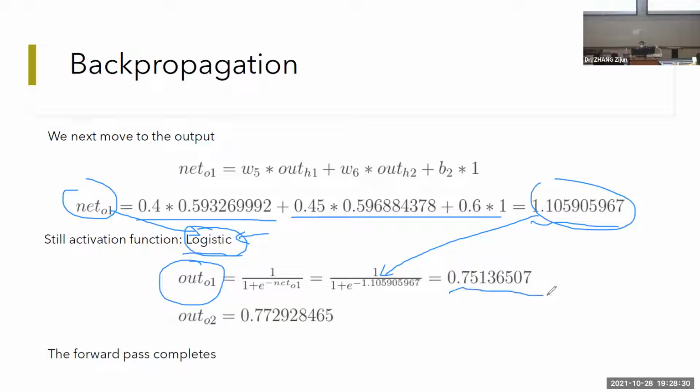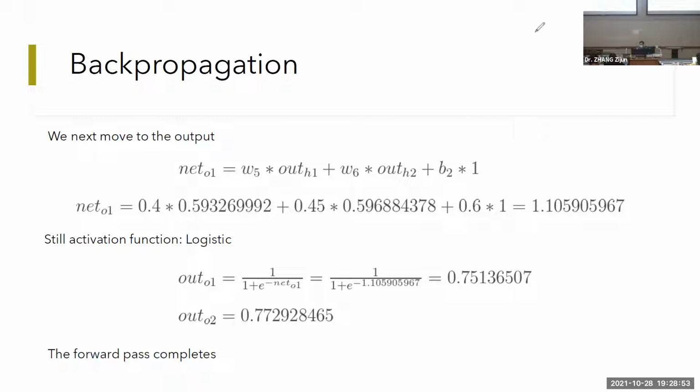And we get the output of the output node 1 is 0.7513. And we do the same thing for the output node 2, and we get its output is 0.7729. Then the first run of the forward pass completes.